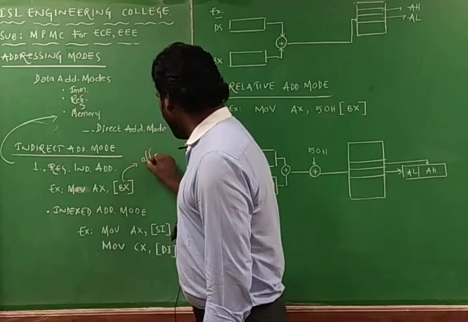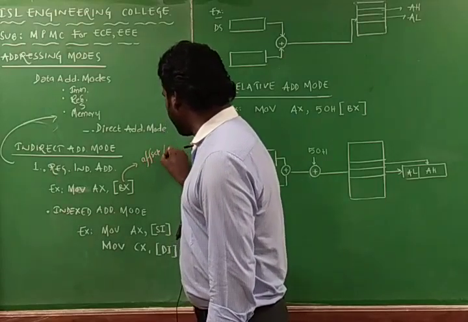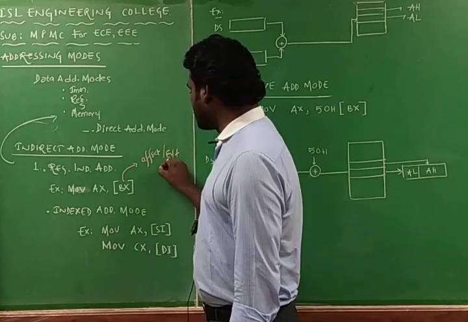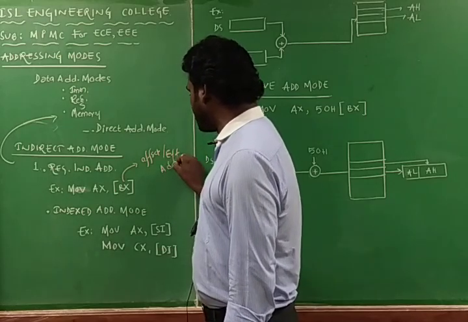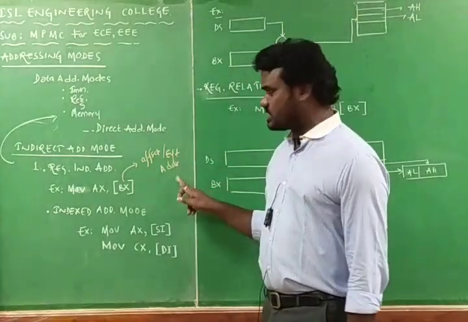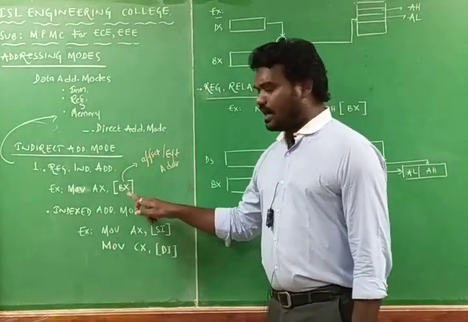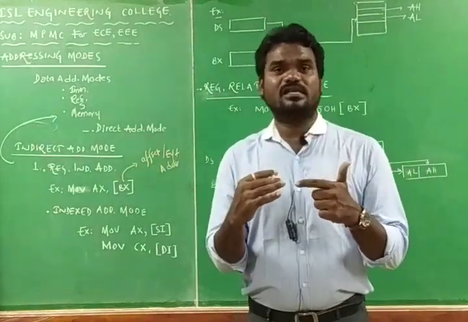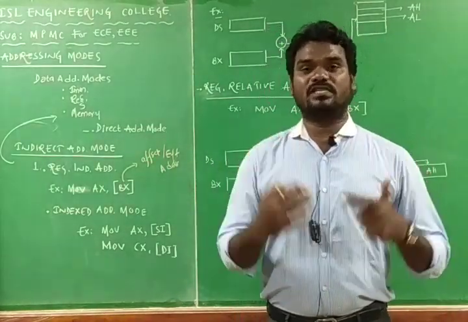This BX is holding the offset or effective address, which is 16 bits wide, but this offset address alone cannot define the physical address.